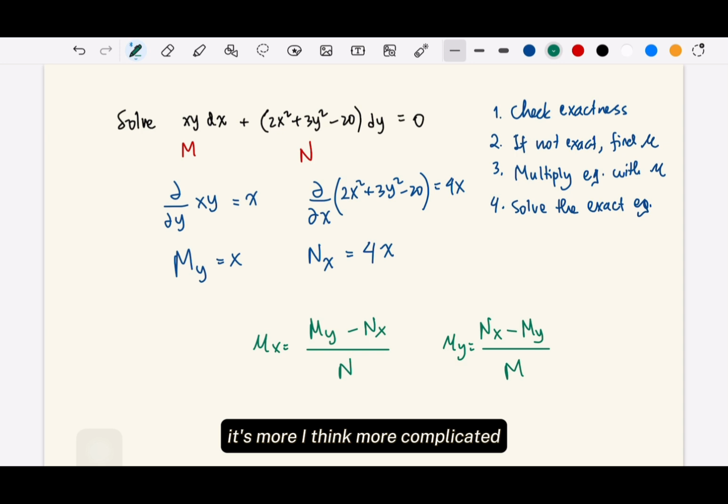It's more complicated, and it has x and y in terms of a polynomial equation, right? So if we choose this mu_x, then we are going to have this over this, and we need to take this into the e, e with the power of these integrations.